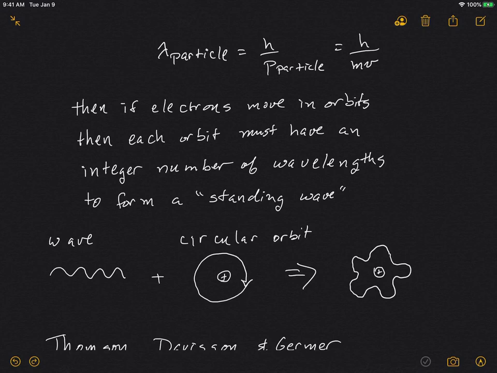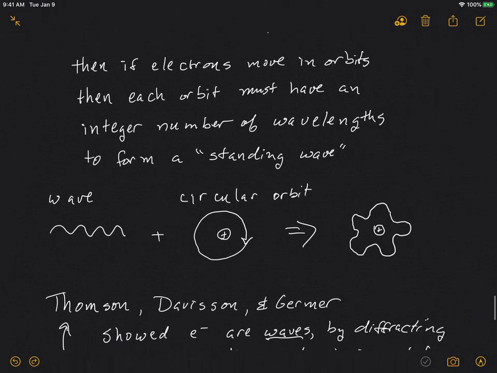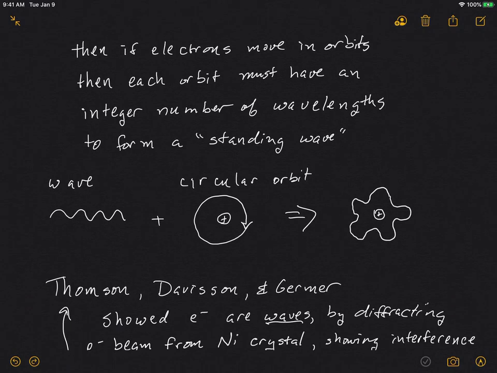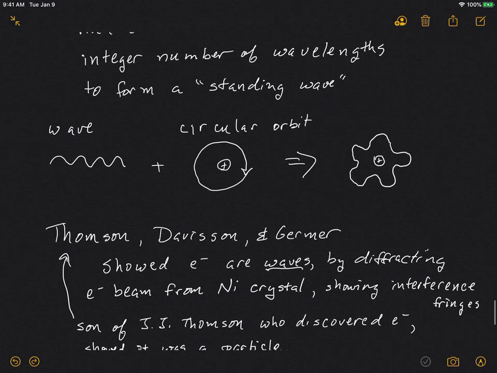So that's all fine and well, but at this point it really seems like wild conjecture. That's when we have to turn to experiment. Thomson, Davisson, and Germer showed that electrons are waves by diffracting an electron beam from a nickel crystal. And you can see these clear interference fringes when this is done.